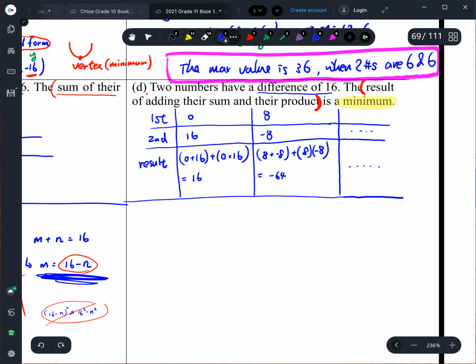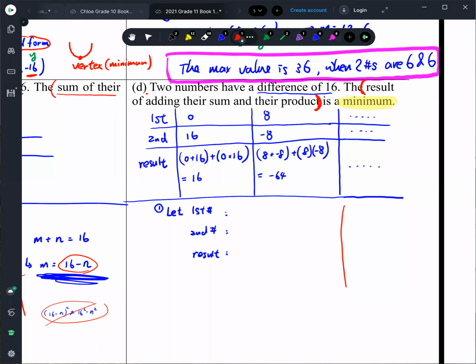So that's the question. We want to find out, is that really the minimum value? So like before, we're going to start with the let. First number, second number, and result, right? And then of course we have something that you need to do on the side. You can see the format now.